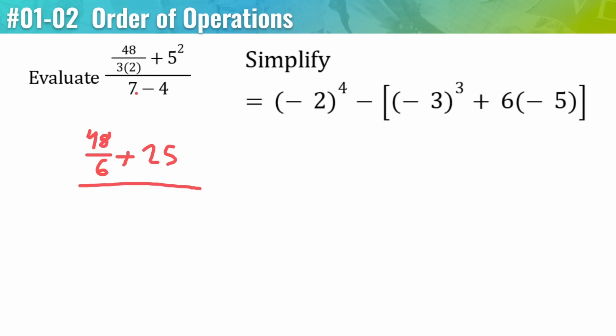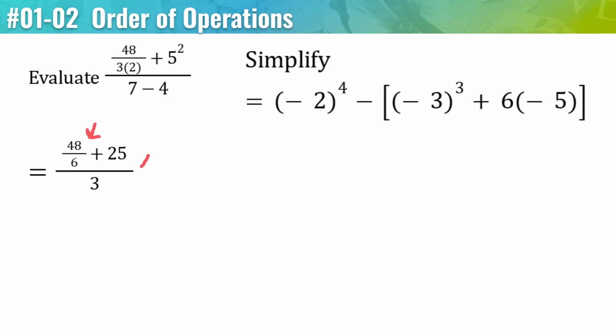And here, since you can see that 7 minus 4 is in a different term than these ones, we can go ahead and solve that. Now we can proceed, and we see that we have 2 fractions, here and here. So the fraction is a grouping symbol, and it can be treated like a parenthesis.